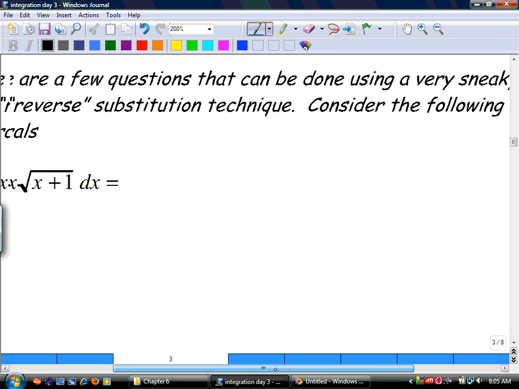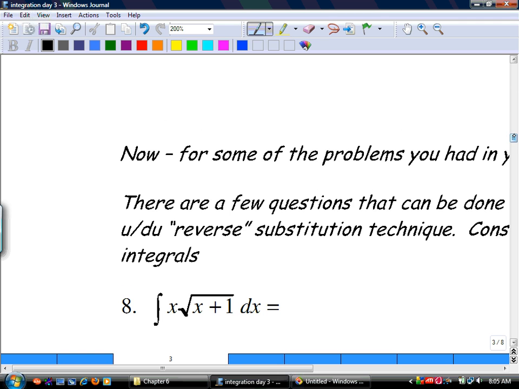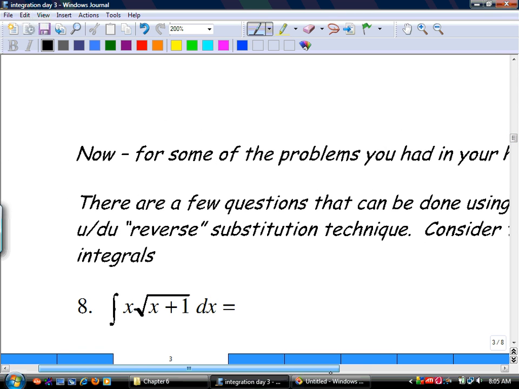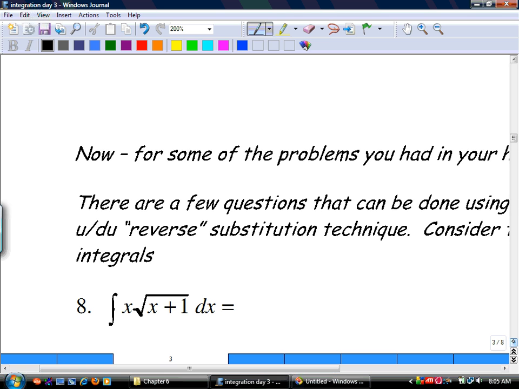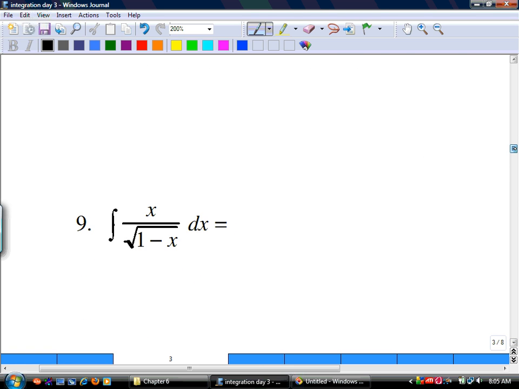Reverse substitution. Now for some problems that you had in your homework. U divided by U? I'm looking at this going, what?